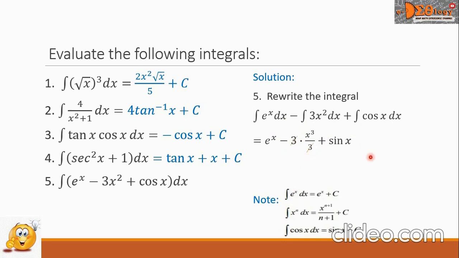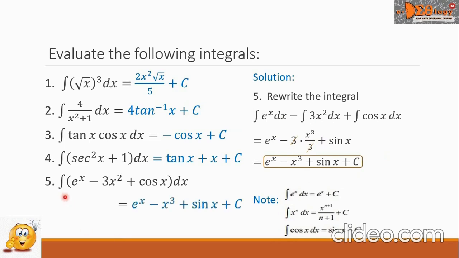Rewriting again the answer, we have now e raised to x minus x cubed plus sine x. Then we will write the plus c. This is now the final answer for problem number 5. Let us copy this under problem number 5.